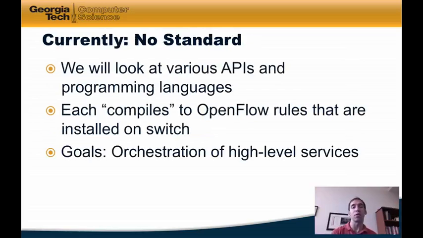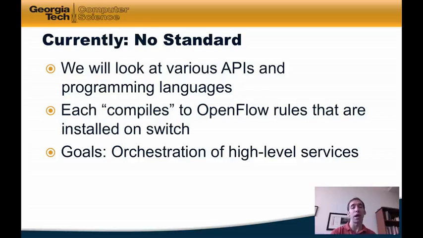Currently, there is no standard for the Northbound API. But in this module, we will look at various APIs and programming languages that make it easier for network operators, researchers, and others to develop various applications on top of southbound APIs like OpenFlow.